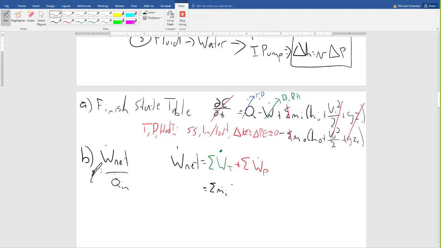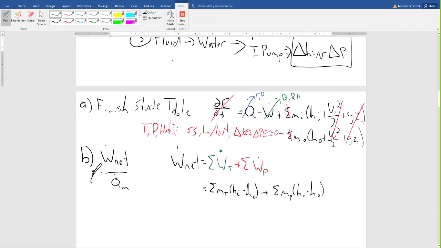So then what's going to happen is this is going to turn into the sum of m dot of whatever the particular component is, of all the turbines, H in minus H out, plus the sum of m dot of whatever the particular pump is, H in minus H out. Right?